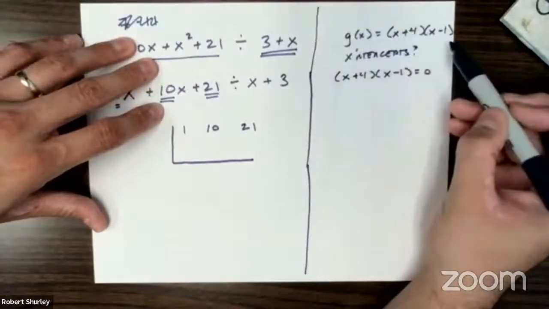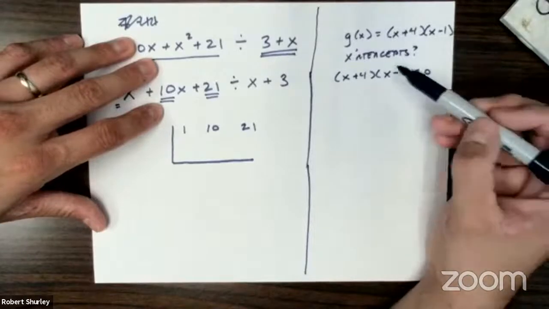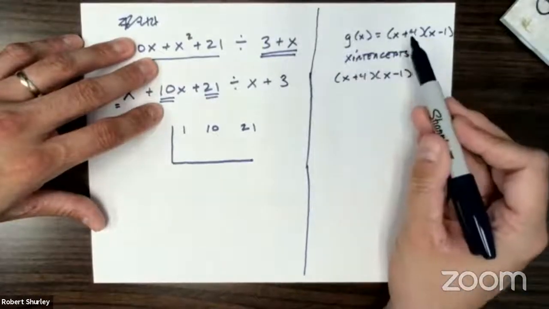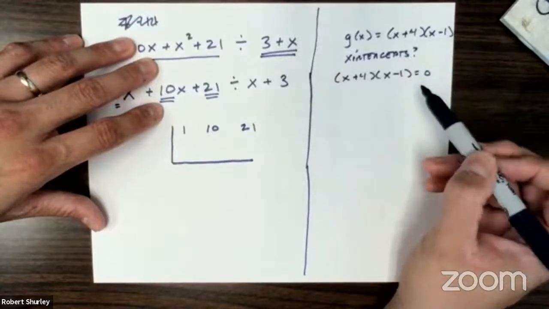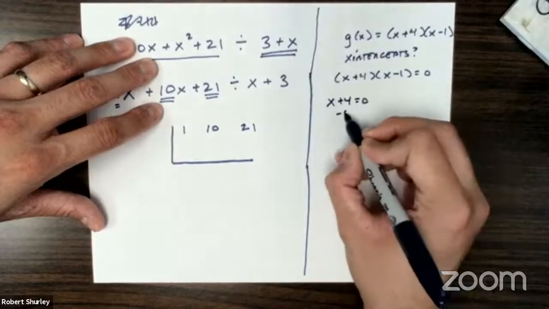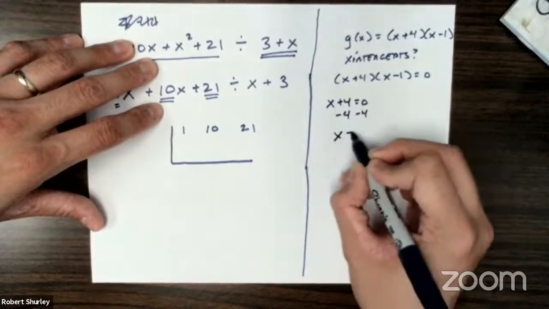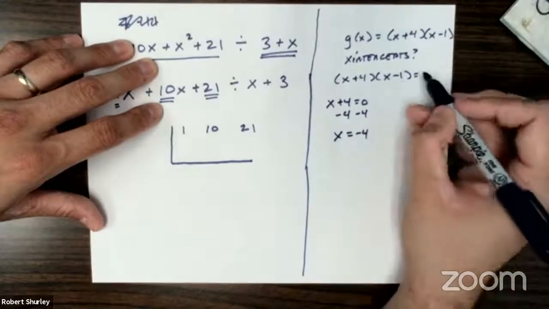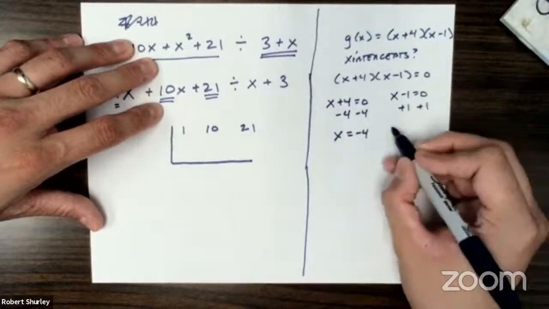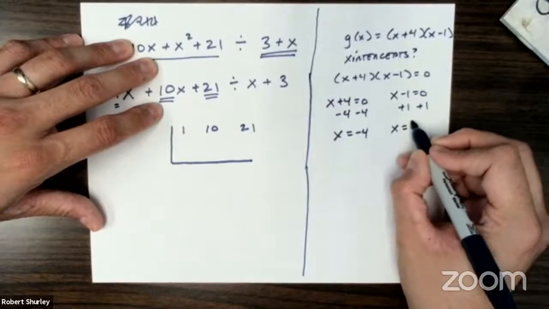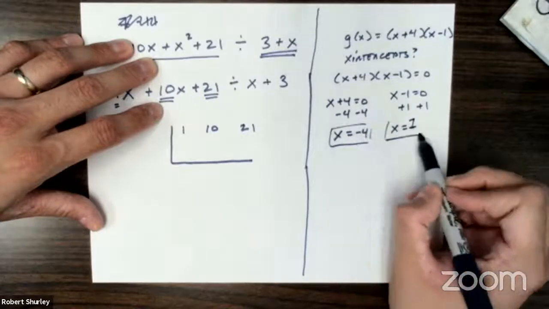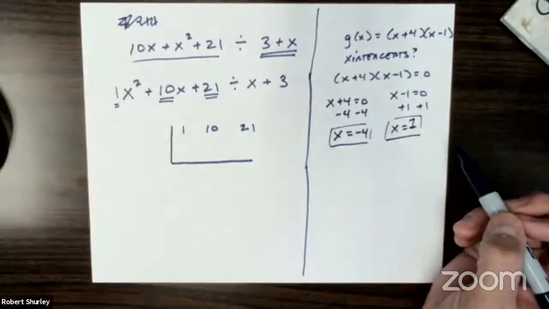But so if we had a quadratic in factored form, and I ask you for the x-intercepts, it was nice when it was factored because you set each factor equal to 0, and then you solve them. So x plus 4 equals 0, well, you subtract the 4, and you wind up with x equals negative 4, right? x minus 1 equals 0, you add the 1, and you wind up with x equals a positive 1, right? So these were our two solutions there, or two intercepts in a way.